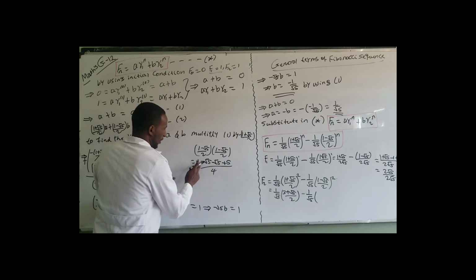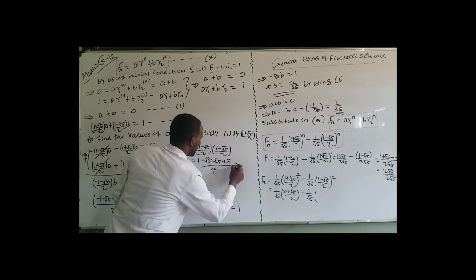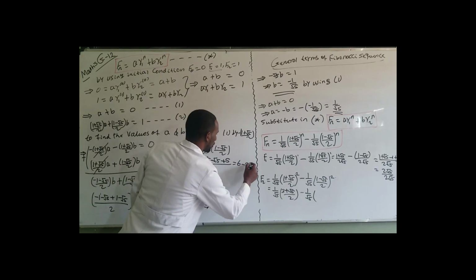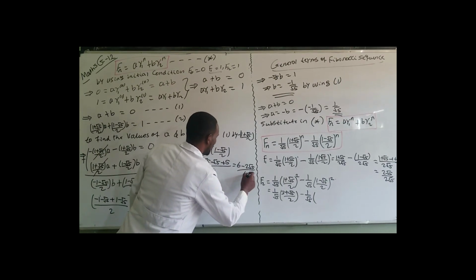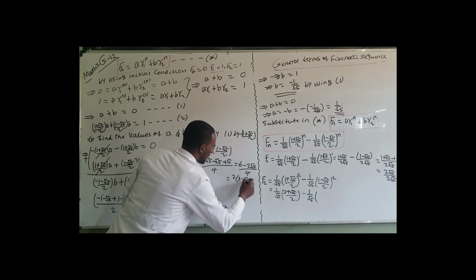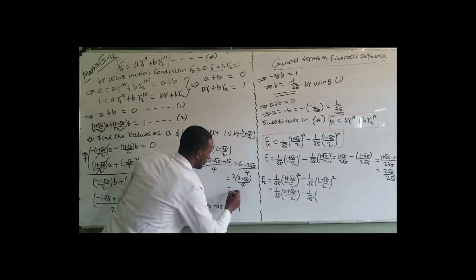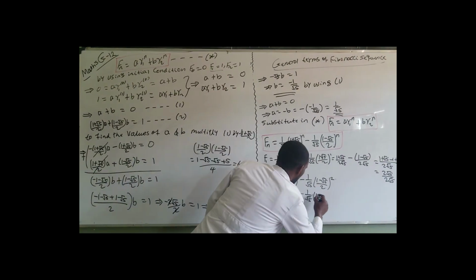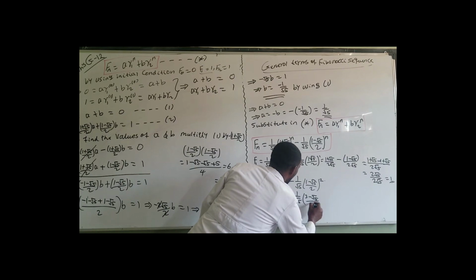Then 1 plus 5 is equal to 6, minus 2 root of 5 over 4, which is equal to 2 times 3 minus root of 5 over 4, which is equal to 3 minus root of 5 over 2.